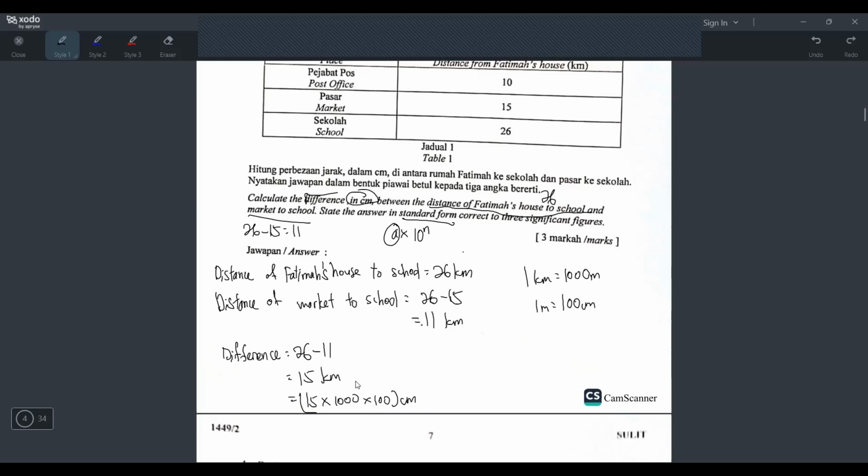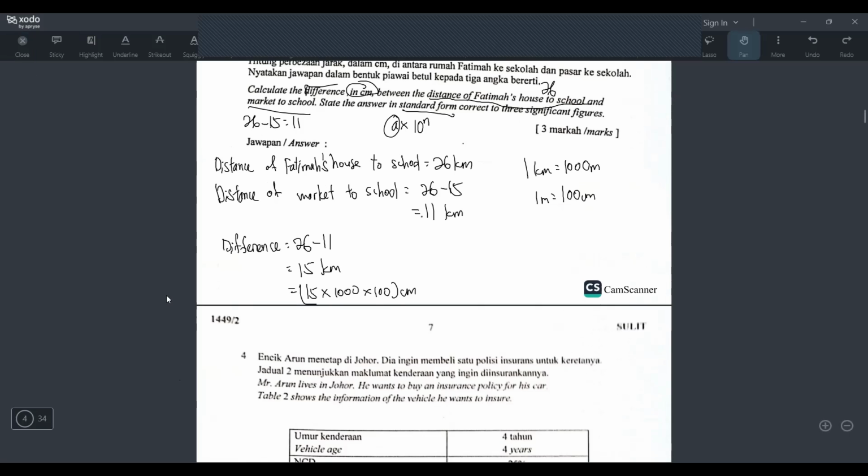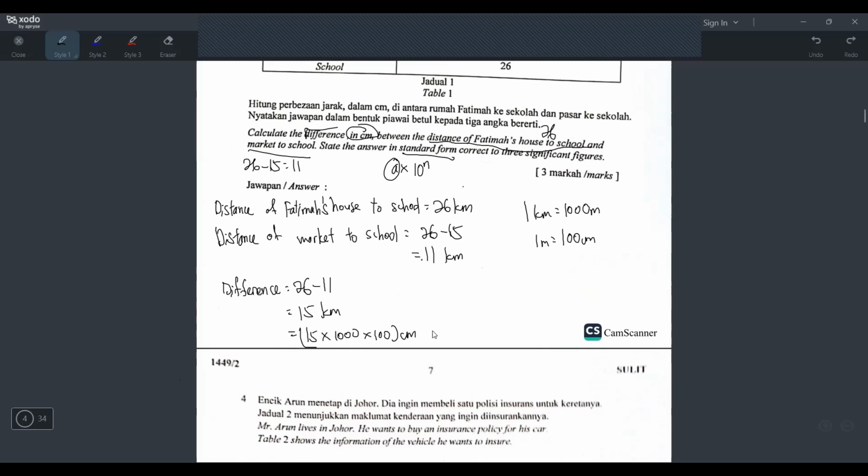Then only it becomes cm. I don't have enough space, so I'll just continue my working here. So it'll be 150000000 cm, right?